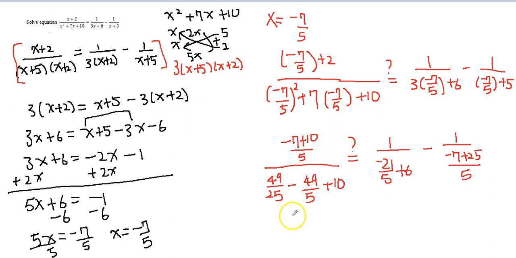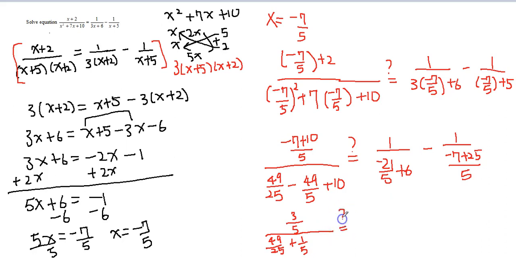On the top here we got minus 7 plus 10, we get 3 over 5. Then we have 49 over 25. Here we have minus 49 plus 50, I get 1 over 5.